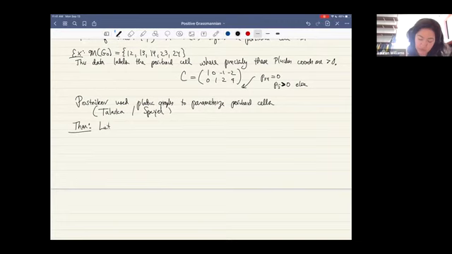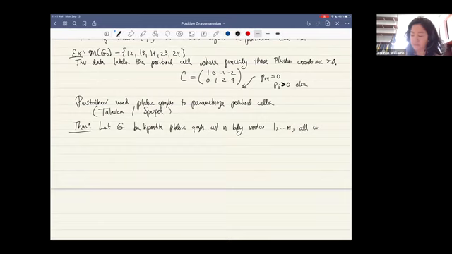So let G be a bipartite plabic graph with n boundary vertices 1 through n, and let's think of them as all colored black. We want to make sure we're dealing with a graph that has at least one perfect matching.